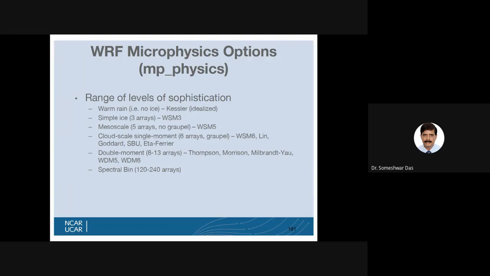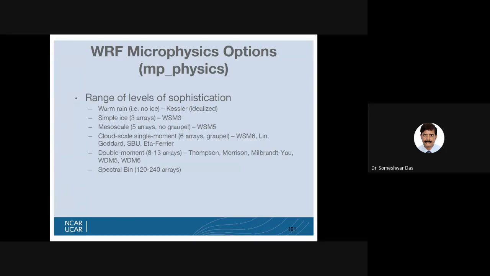Also, sometimes we have a third moment. If you have both the mixing ratio and the number concentration, that means you are using a double moment scheme. If you want something more complex, the third moment, that means you also have the size distribution.